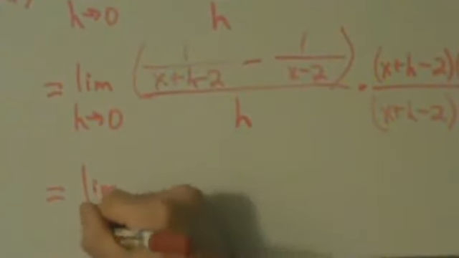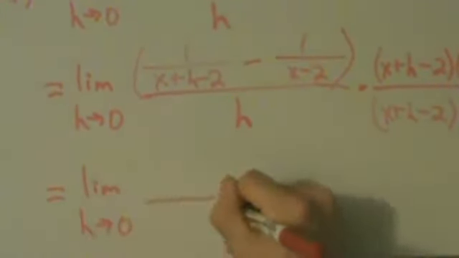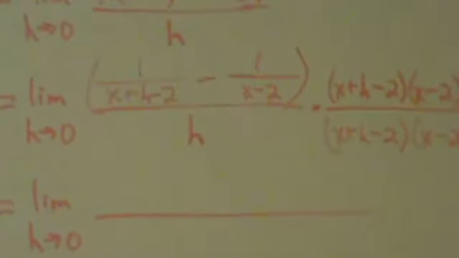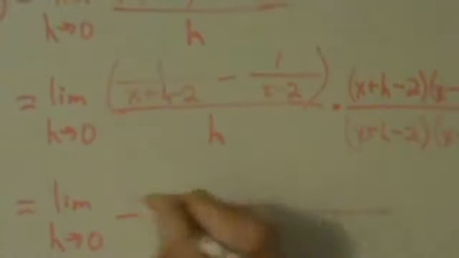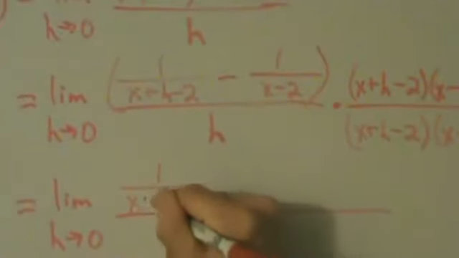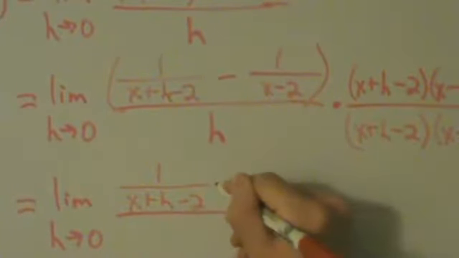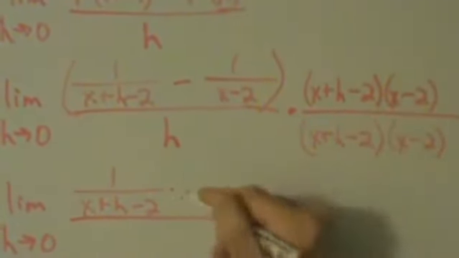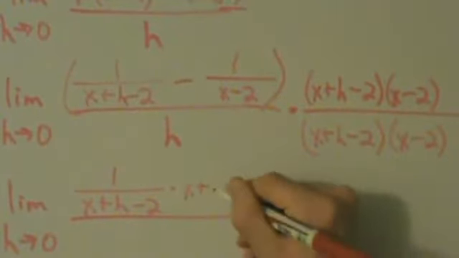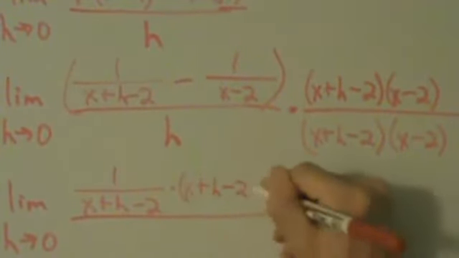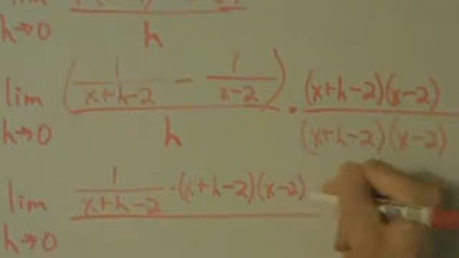So this equals the limit as h goes to 0 of what? Distribute this through to the first term, we get 1 over x plus h minus 2 times both of these guys here. So that's times x plus h minus 2 times x minus 2.